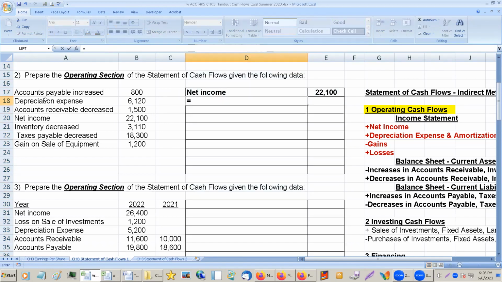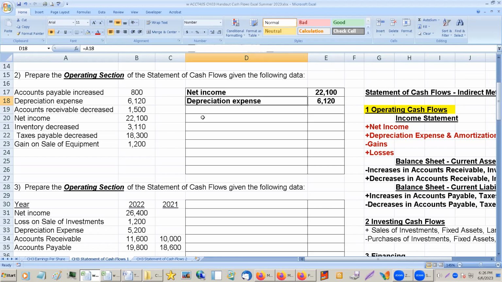Depreciation expense. And again, we subtracted out that 6,120 to get our net income, but there wasn't any cash. We didn't pay cash for any of that. Sometimes you hear about paper losses, that's what depreciation is.